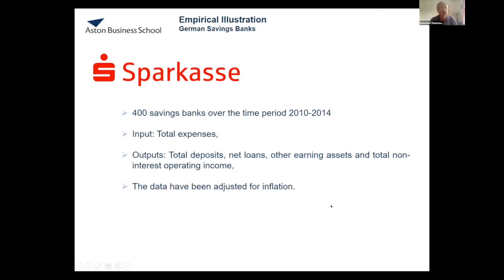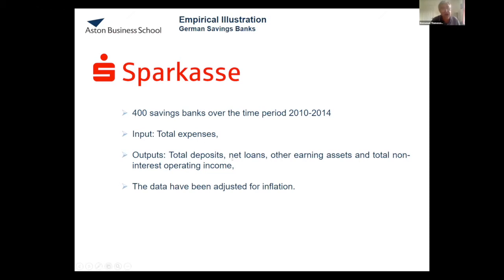So if I show you an example of how this works, we run it in the paper, you will find the full example, where you have 4 branches of a bank in Germany. The branches are controlled by the center in the sense that the policy directions are set out, and the branches are given a budget, but each branch has its own way of operating, so they have autonomy, so to speak.